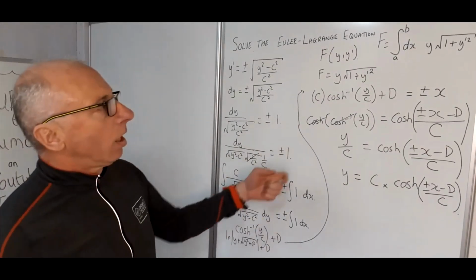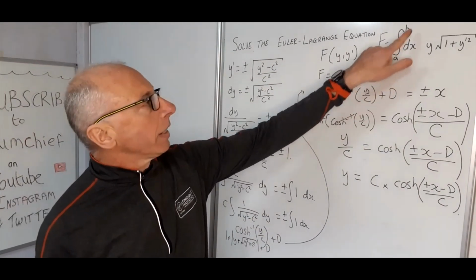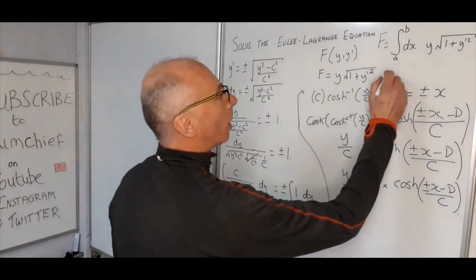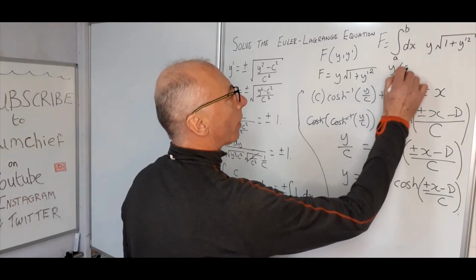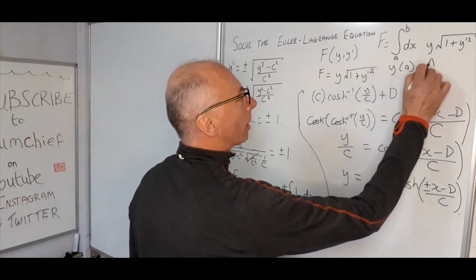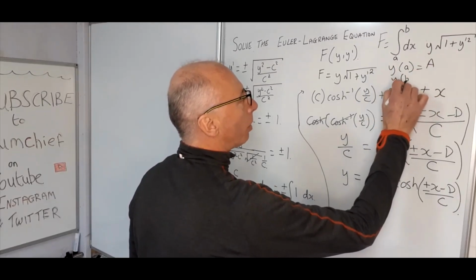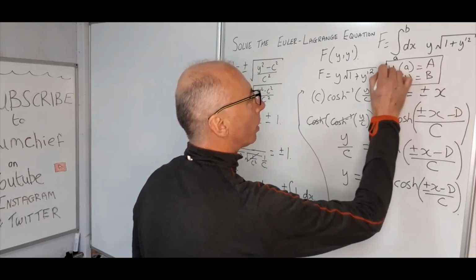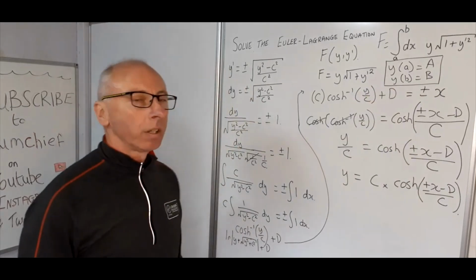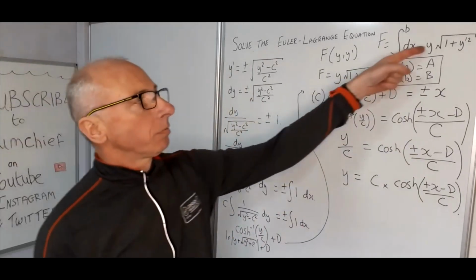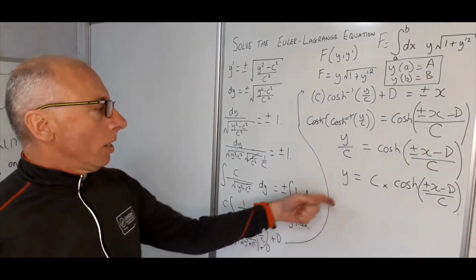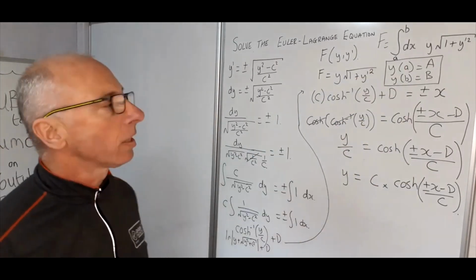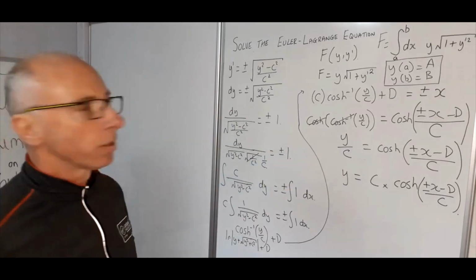But then we've got our boundary points here of a and b. Now if we are, for example, told that y of a equals a and y of b equals b, these are typical boundary points on a multivariable integral like this one. So now what we need to do is write them in terms of this, and then we've got our solutions.